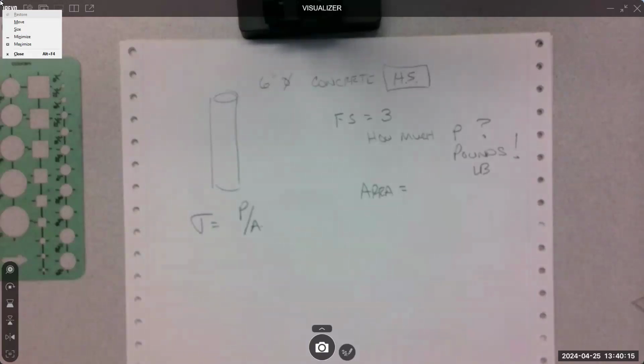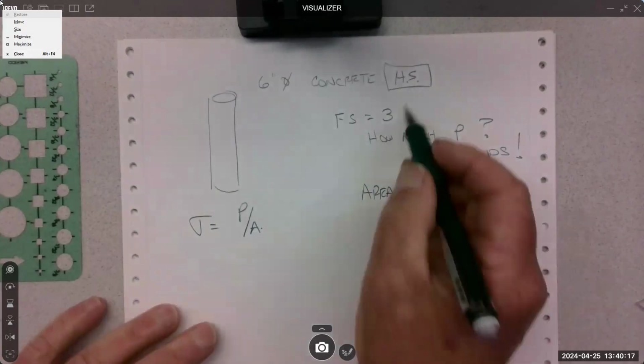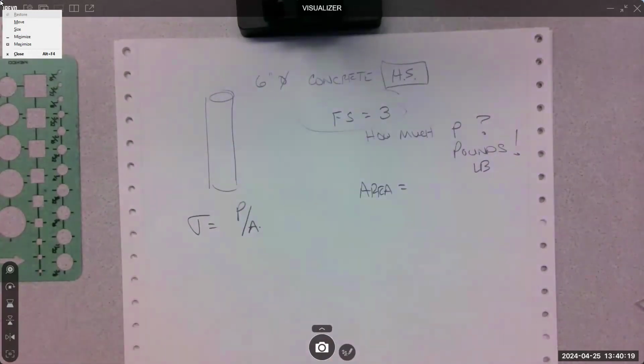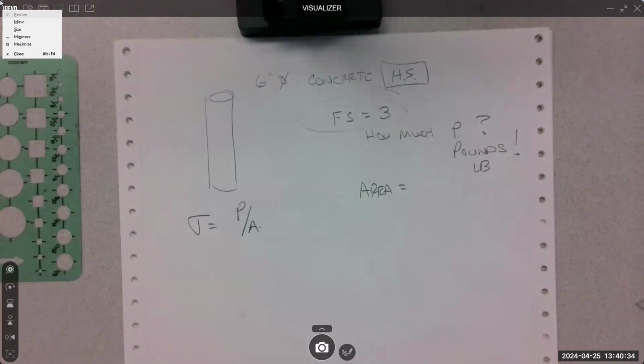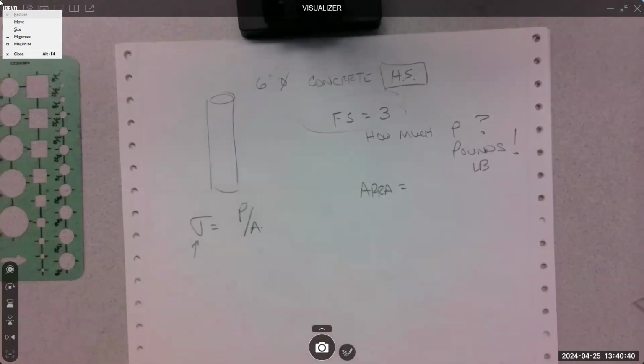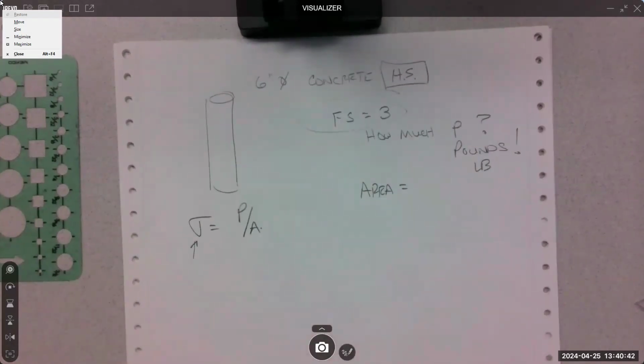Yep. So the other piece that you're given is this factor of safety thing. What the heck are we gonna do with that? Yeah, we're gonna look up the property of concrete. We're gonna put a material property in for the stress.